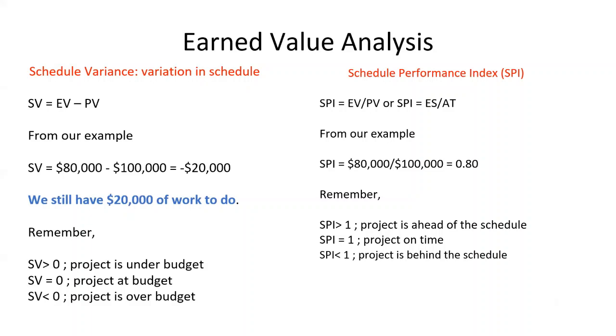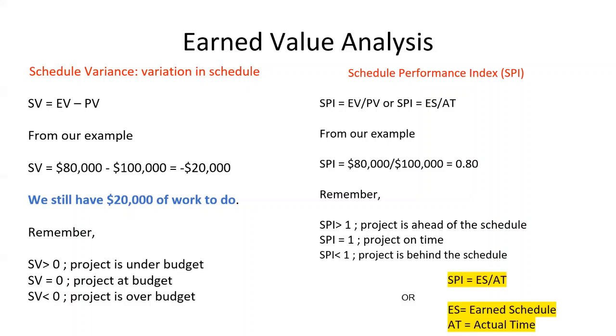It's simple again, where earned value upon planned value, and I'll get to the other ES upon AT later. For this one, it's $80,000 upon $100,000, which is 0.8, which is less than 1, and hence the project is considered to be behind schedule.